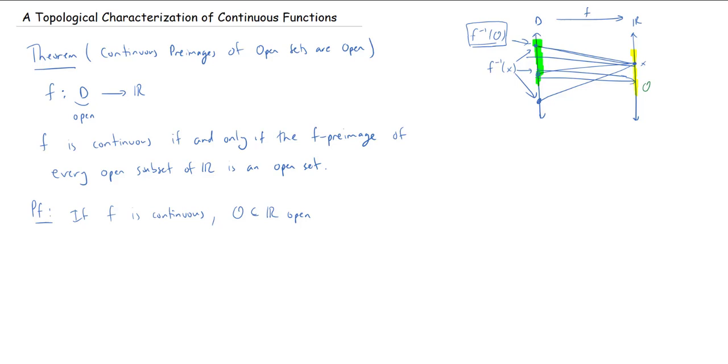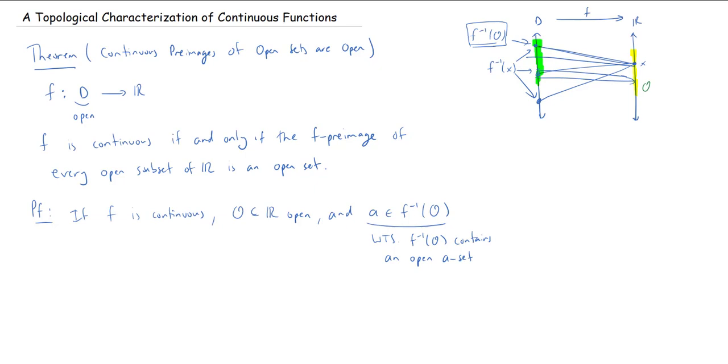So let me choose some point in the preimage of O. Okay, and let a, little a, be some element in the preimage of O. All right, so we want to show that the preimage of O contains an open a set.